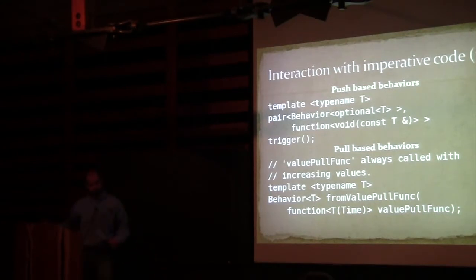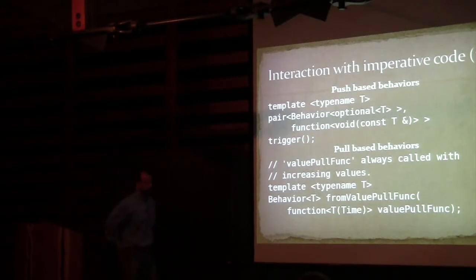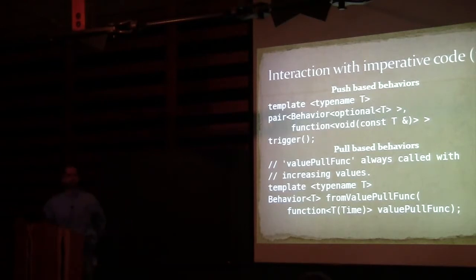Question? So the thing I think I'm still confused about is the role of optional in this. I feel like I'm missing something you're talking about. Okay, so the question is, what is optional? How does optional play in this trigger? Does anybody else have an answer for that? So I'm mapping this to concepts in Rx, this is like a subject.